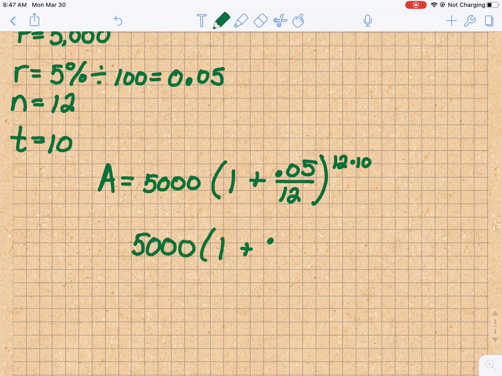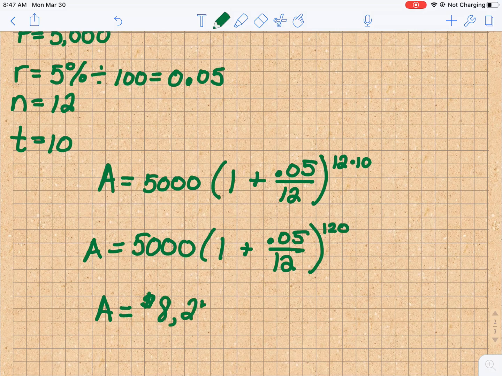You might want to just do the multiplication. Okay? And so you should get the amount you would have after 10 years, compounded monthly, would be $8,235. I rounded to the nearest penny because we're talking about money.